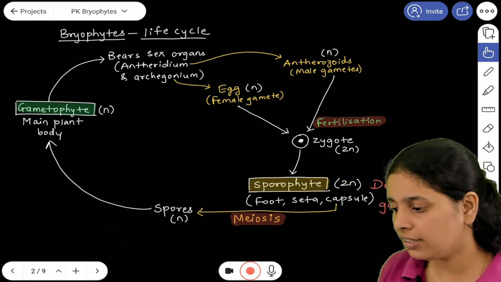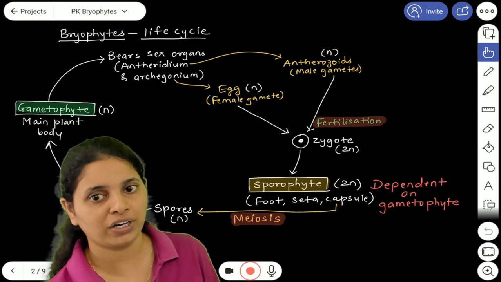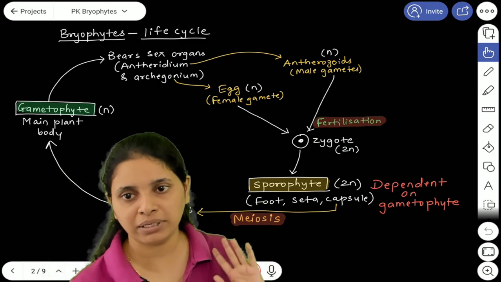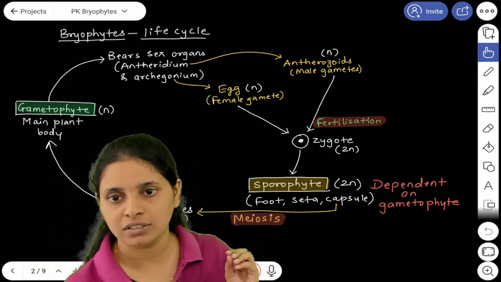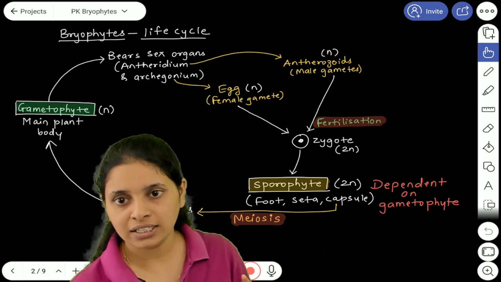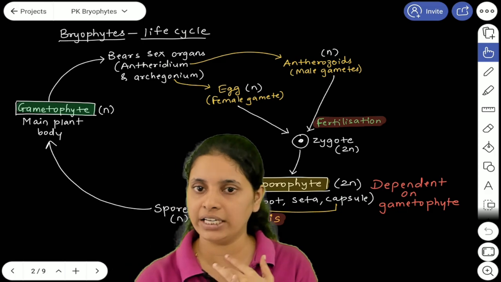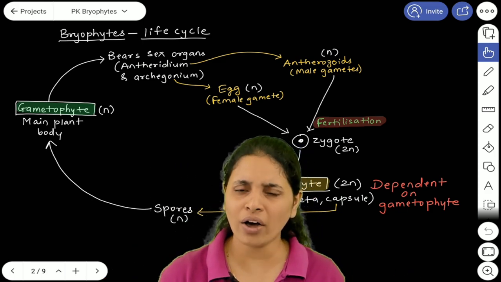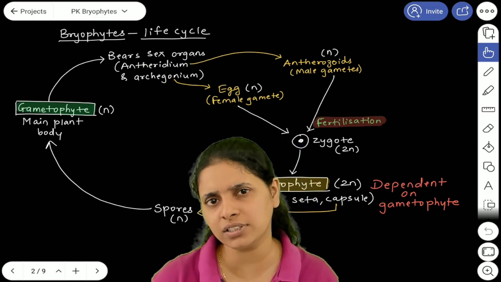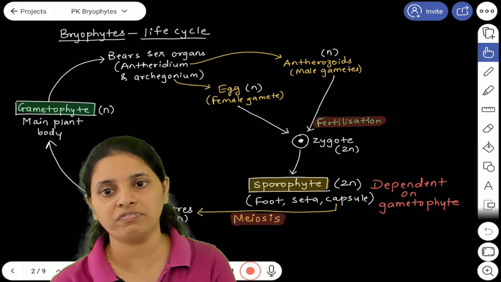Now, here there is one very important point to note, a unique character of bryophytes. The diploid sporophyte that is formed here, with typically foot, seta and capsule, either does not have any photosynthetic tissue or has very, very little photosynthetic tissue, such that it cannot take care of itself.